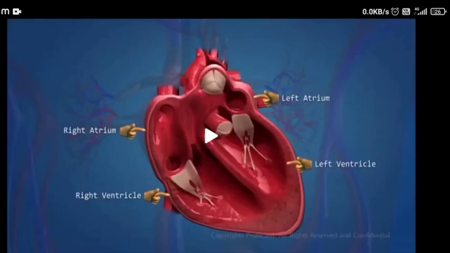On the right hand side, the upper chamber is known as right atrium and the lower chamber is known as right ventricle. So ventricles are having thick wall, and the atrium is having thin wall. And the ventricle pumps the blood out of the heart.